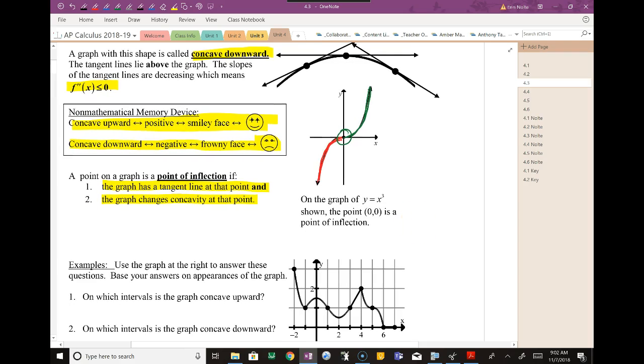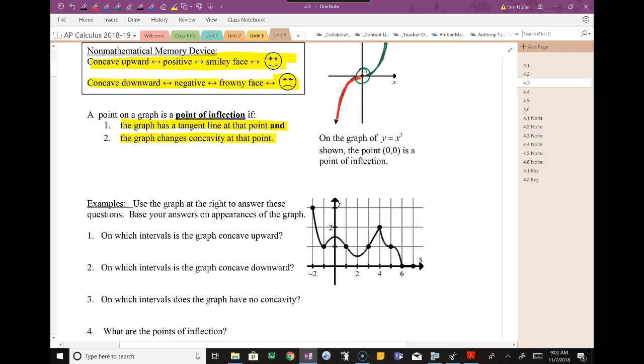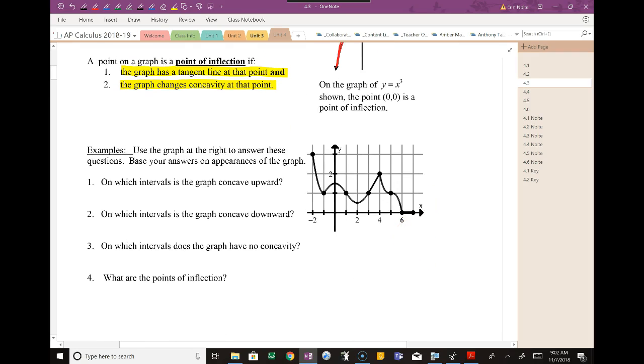Okay, so they start by drawing us a picture so we can graphically understand this idea. So question 1 says, on which intervals is the graph concave up? Okay, so we're using x values to identify our intervals. So between x values, do we have a happy face effect?